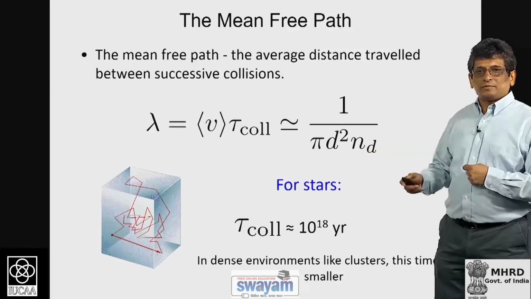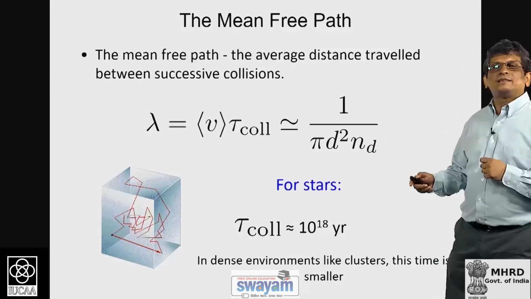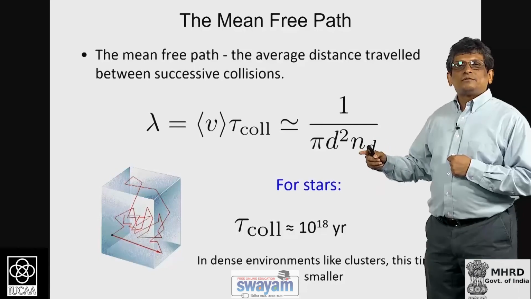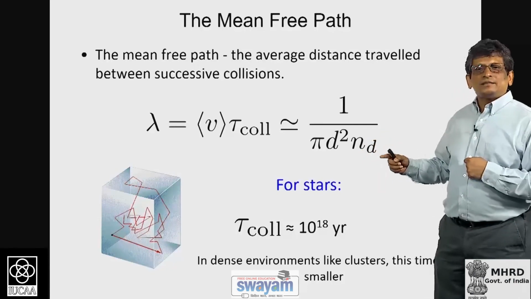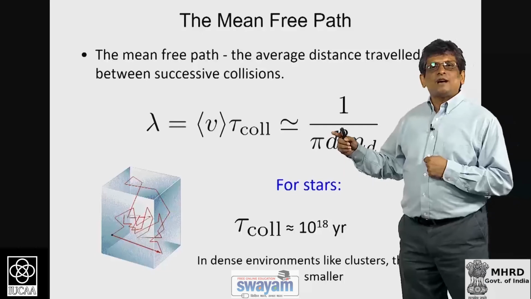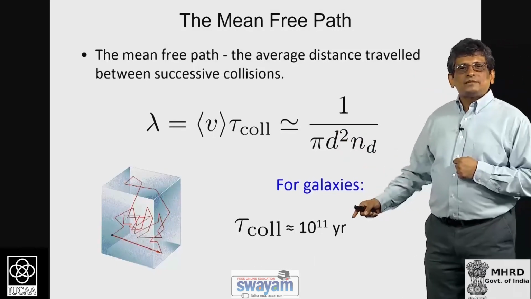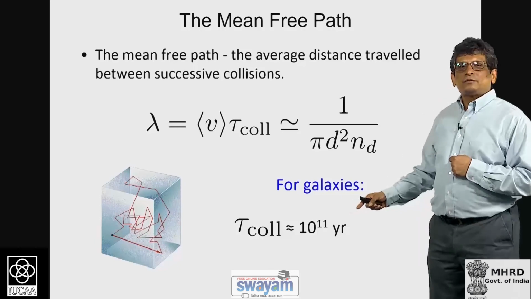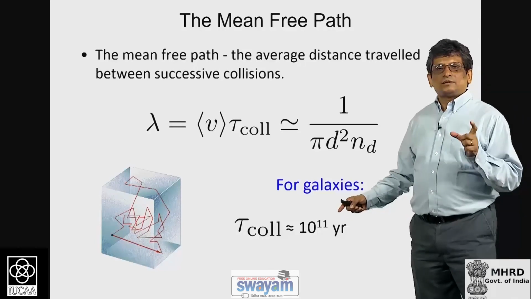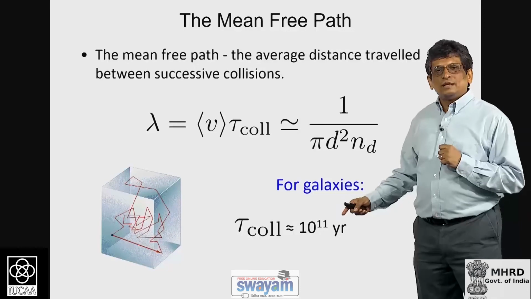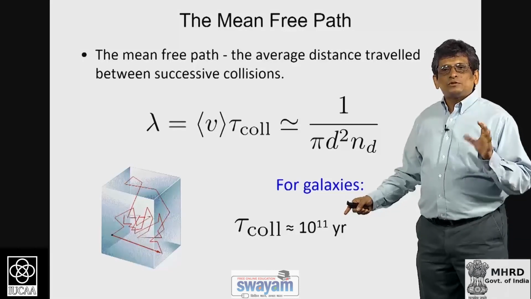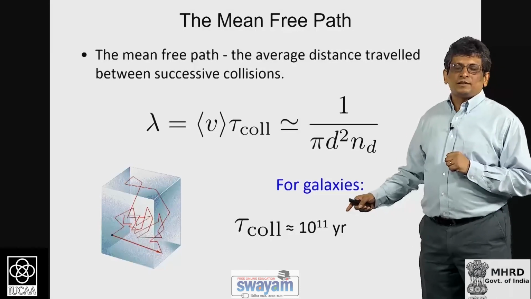Now, if you do the same thing for galaxies, what you have to do is to find the average density of galaxies in the universe and the average size of the galaxies, which we've already talked about. And we find that the typical collisional time, the time between two successive collisions, is of the order of 10 to the 11 years, which is almost the same as the age of the universe.